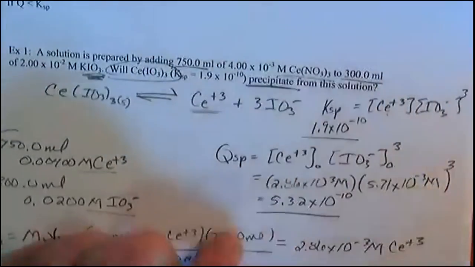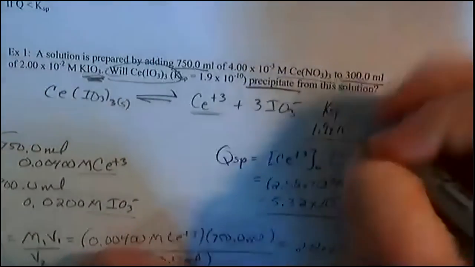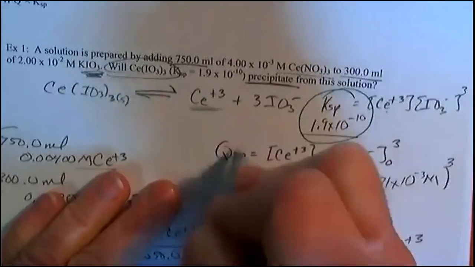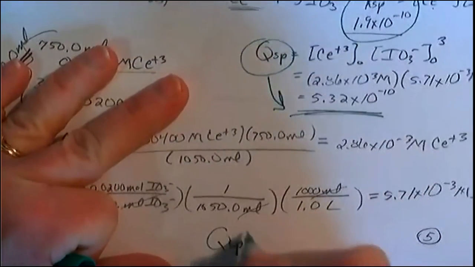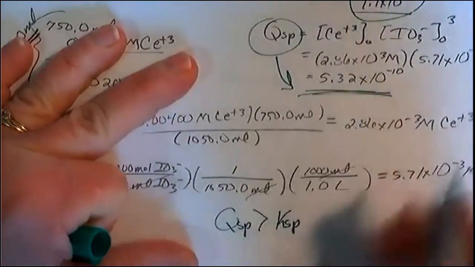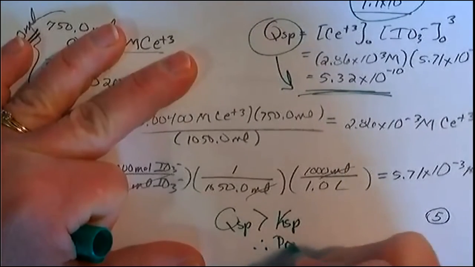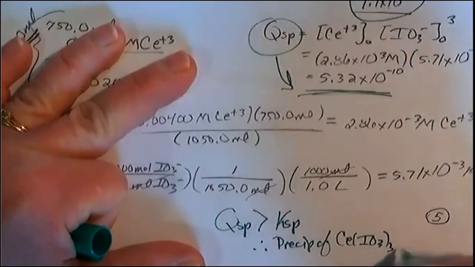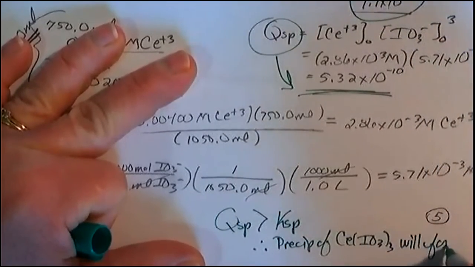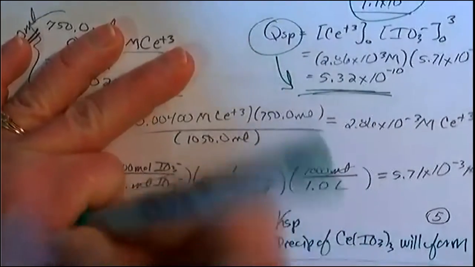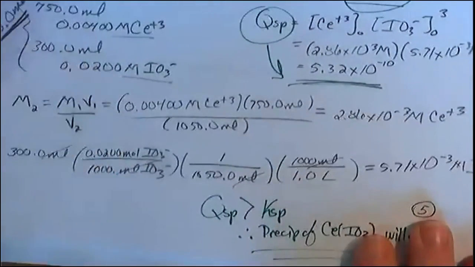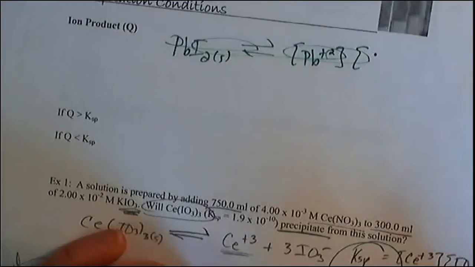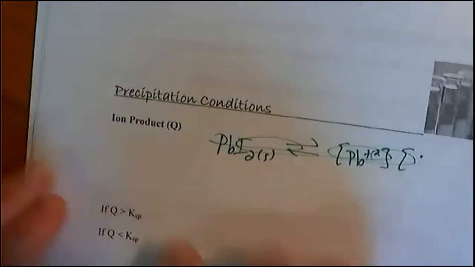This is my KSP. And this is my Q. And so QSP is greater than KSP. So I have sufficient quantity of ions. Therefore, the precipitate of cerium iodate will form. All right, so that is an example where we find QSP and then how we interpret it.